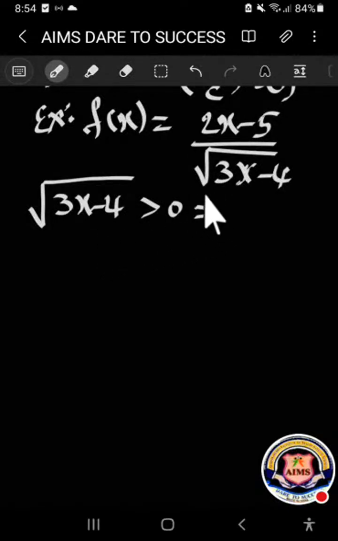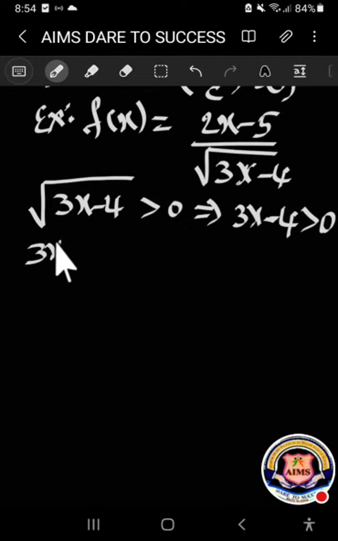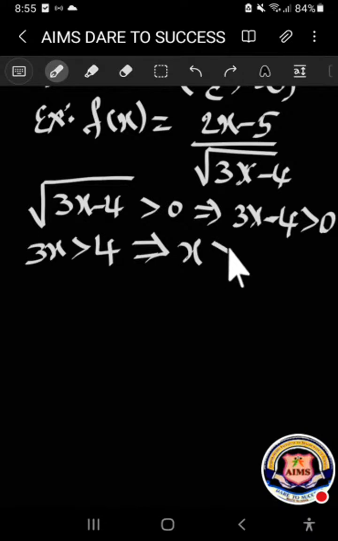Squaring on both sides, 3x - 4 is greater than 0. So -4 going to the right side, we get 3x is greater than 4. Multiplying value going to the right side, dividing, we get x is greater than 4/3. That means the value must be more than 4/3.